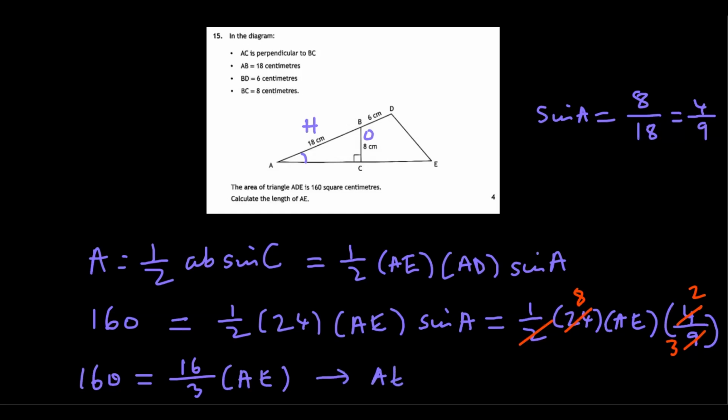And that gives AE equals 3 times 160 over 16. So we just times both sides by 3, and then we divide by 16. So 3 times 160 over 3. Over 16, sorry. And the 16s actually cancel to leave you with 10 in the numerator, and that would just be 30 centimeters.